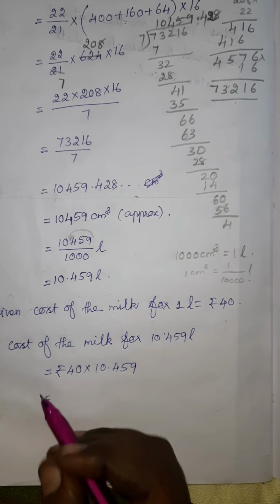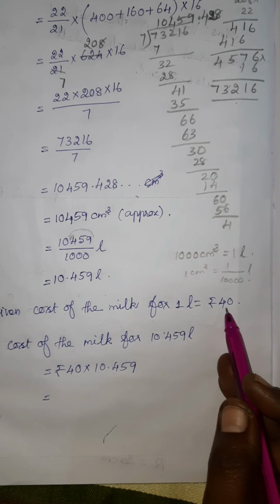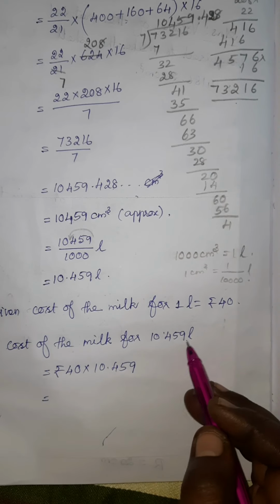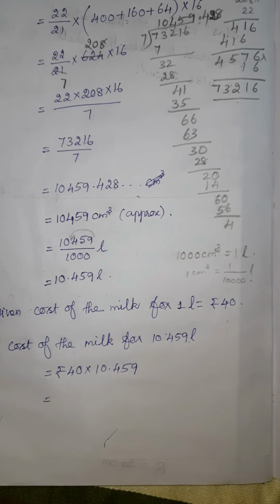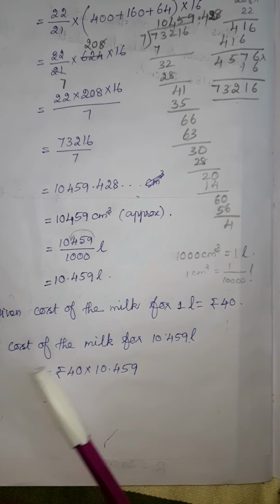Okay, see this cost, you will get the unit in rupees. So you don't write the liter. This is for 1 liter. So this liter you can cancel, no? So this liter cancels, you will get this total value in rupees.